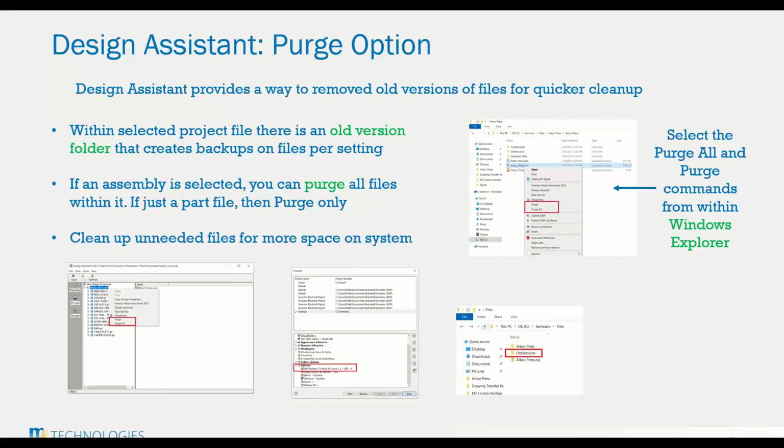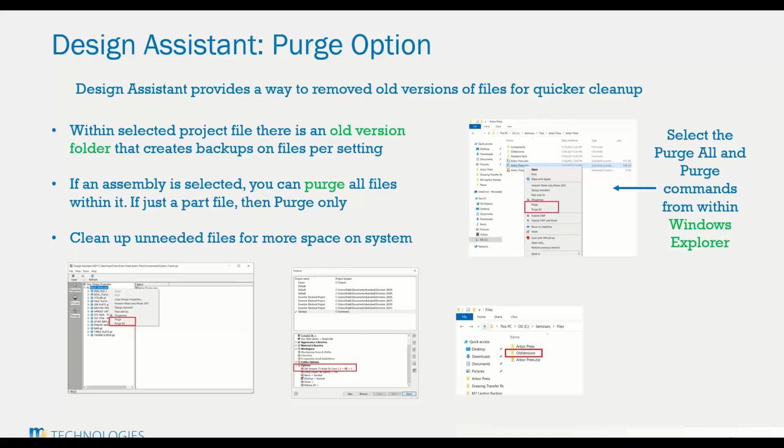Within each project file, or wherever the drawing, IDW, DWG, part, or assembly files are being opened from in the directory structure, you'll notice that Inventor will create an old versions folder. The old versions are generated per a setting in your project file.